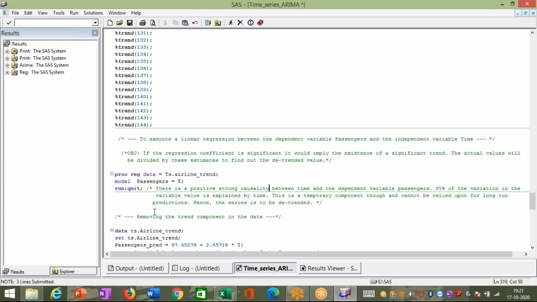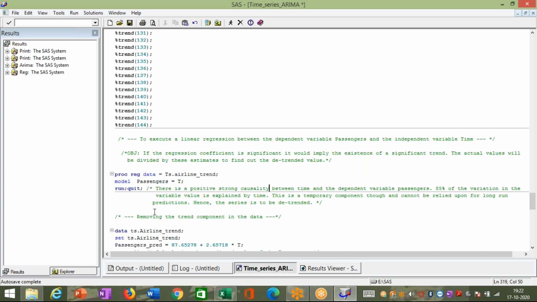So what we need to ensure is that this trend component, the impact of time, is removed from the Yt series, because after that is removed, the values that remain will be because of the fundamental behavior.